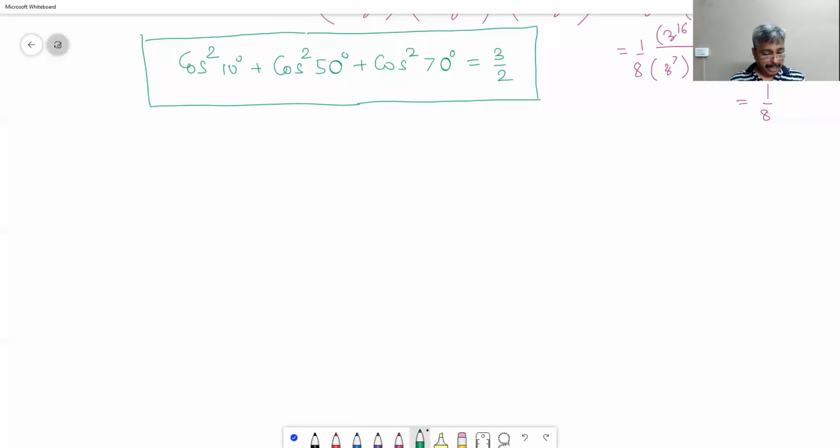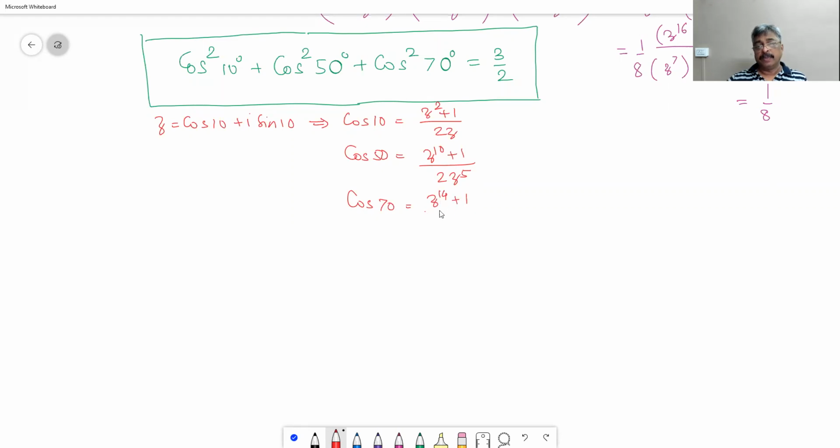Now, on similar lines, basically let z be the complex number for the angle. Therefore we get cos 10 as z square plus 1 upon 2z, cos 50 is equal to z raised to 10 plus 1 upon 2 z raised to 5, and cos 70 is z raised to 14 plus 1 upon 2 z raised to 7.